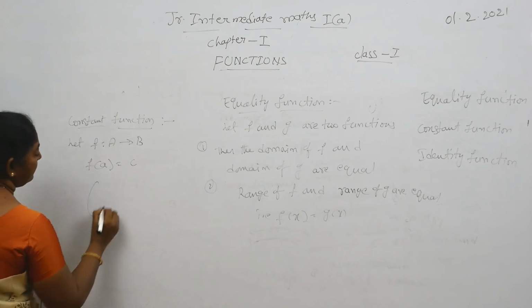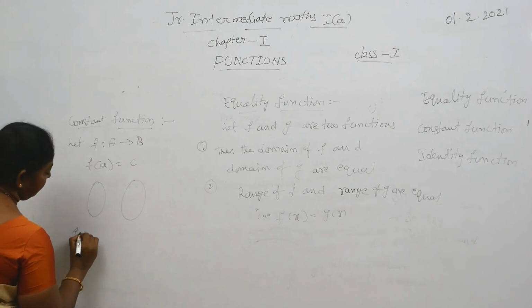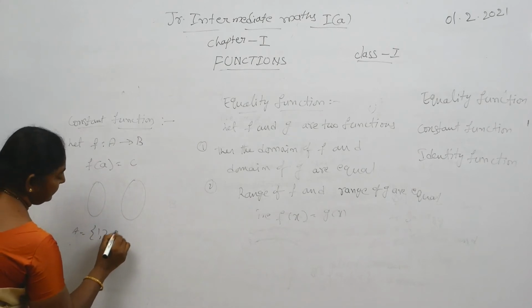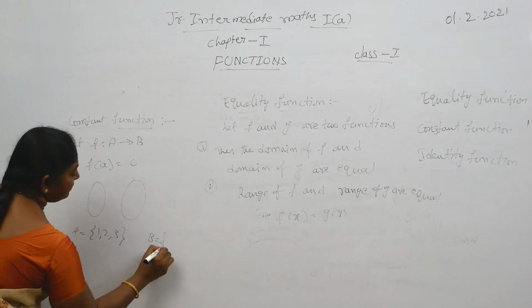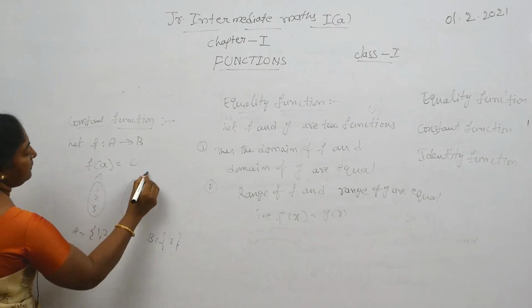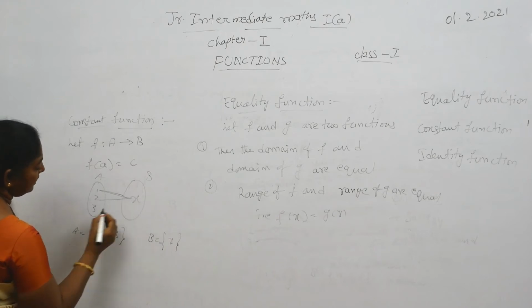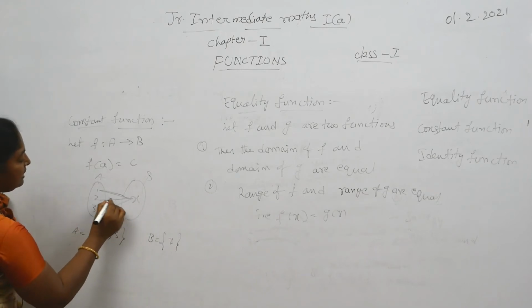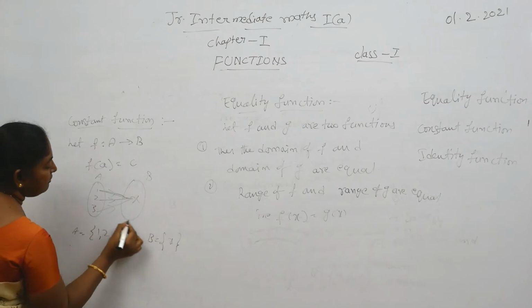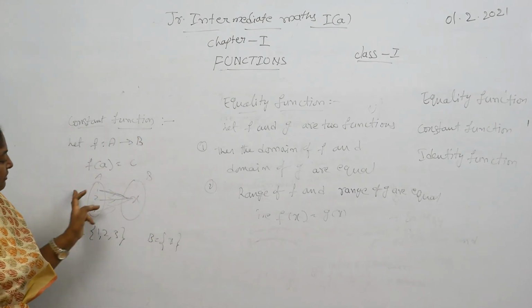Suppose set a equals 1, 2, 3 and b equals x. Then 1, 2 and 3 are all related to x, and the range equals one and only one element, x. So this is called a constant function.